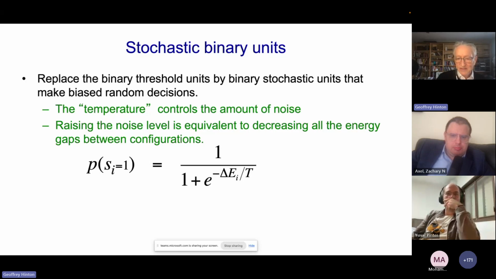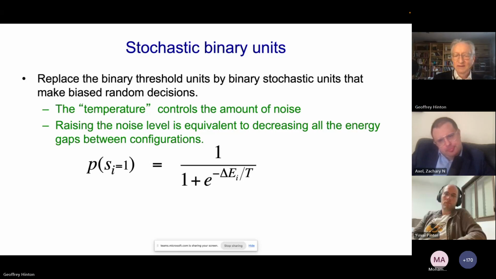If you put a temperature of 0 there, then if delta E is positive, we have e to the negative infinity, and e to the negative infinity is 0. So we'll have 1 over 1, and the probability of turning the unit on will be 1. If delta E is negative, we'll divide by 0, and we'll have e to the minus infinity, which is it.